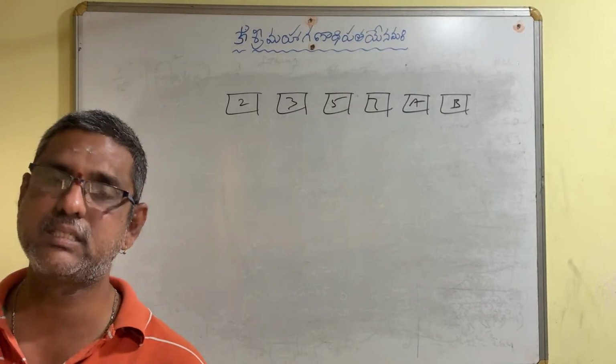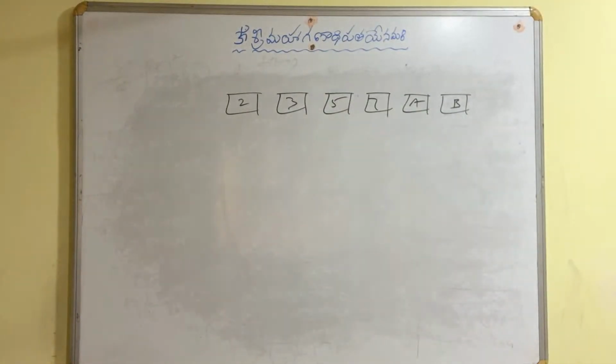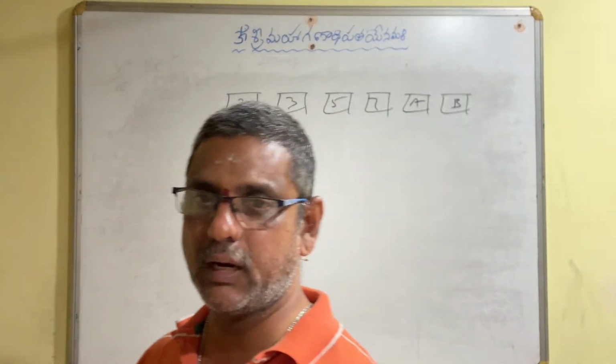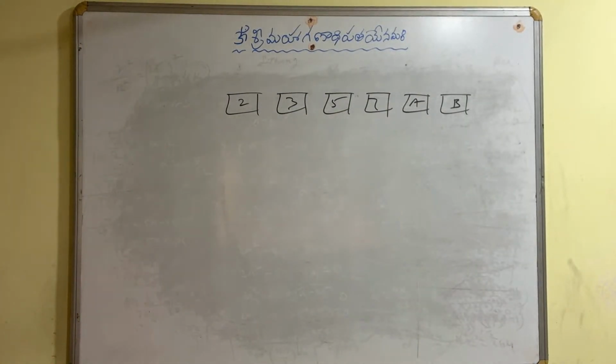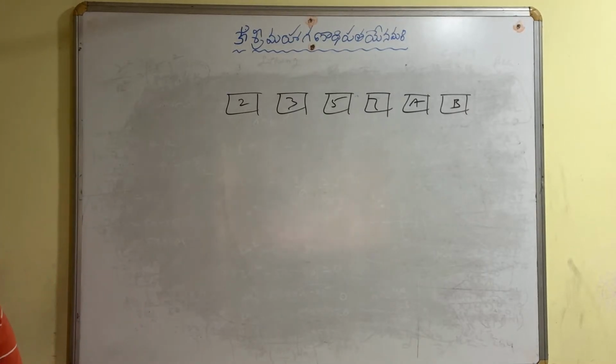Equally likely events. Because each and every number or alphabet has equal chances. అన్నిటికీ ఈక్వల్ ఛాన్స్ ఉంది రావడానికి, కాబట్టి ఈక్వల్లీ లైక్లీ అవుట్కమ్స్. Good. Now go to the second case study.